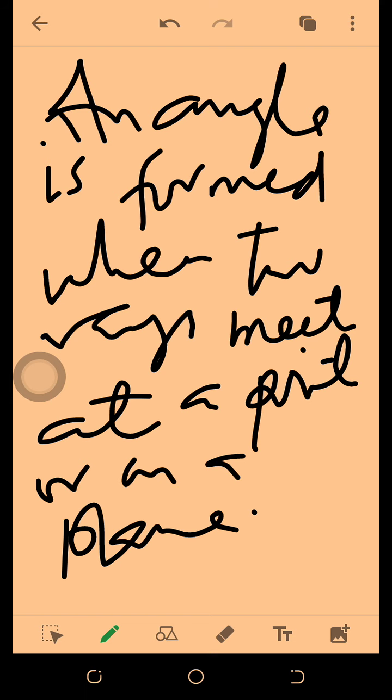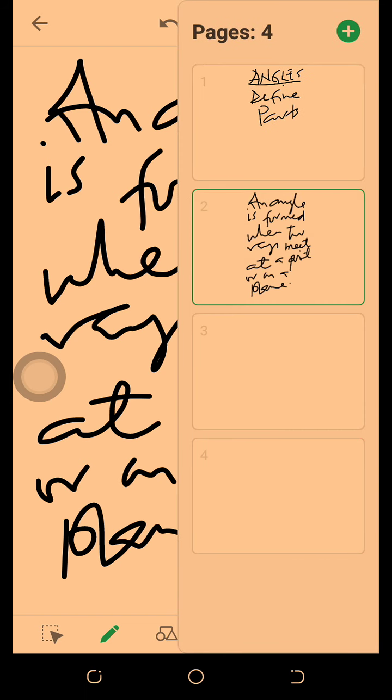Or we say an angle is the measure between arm turns.